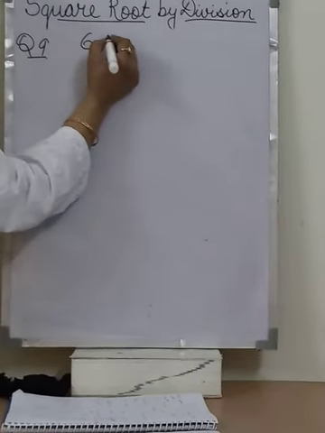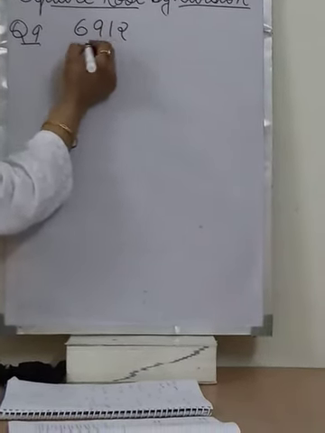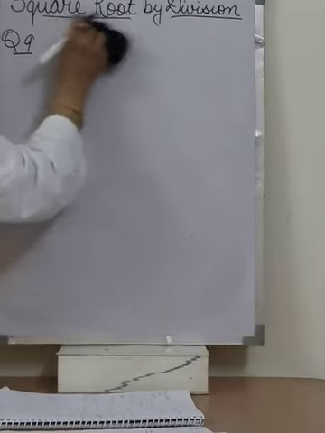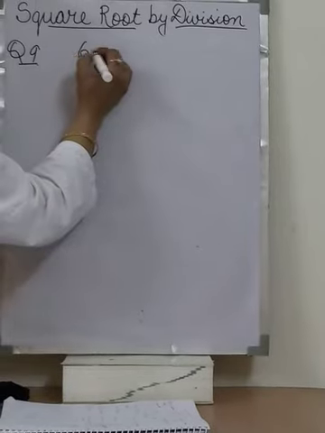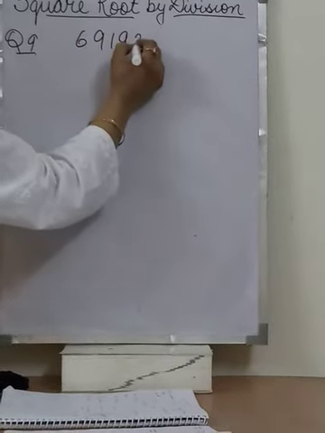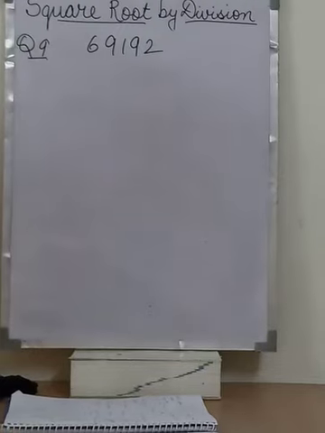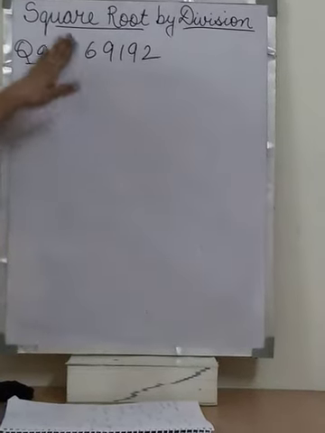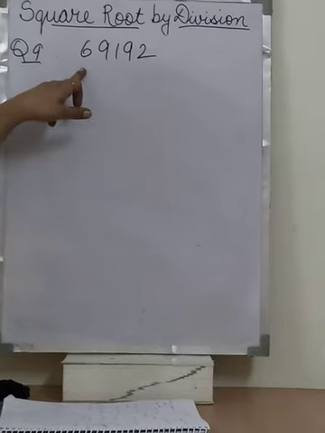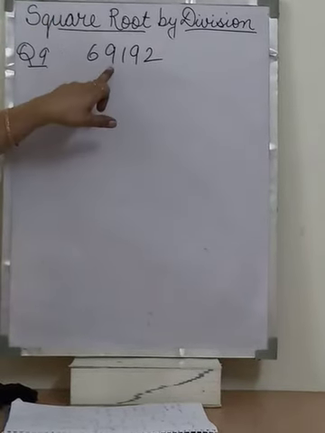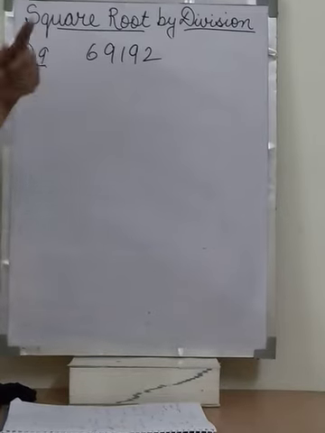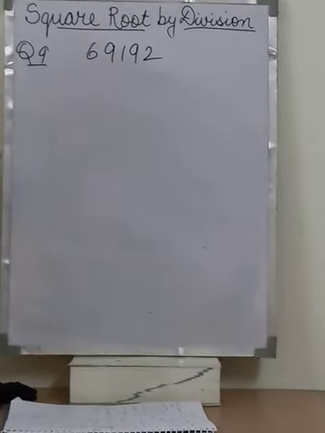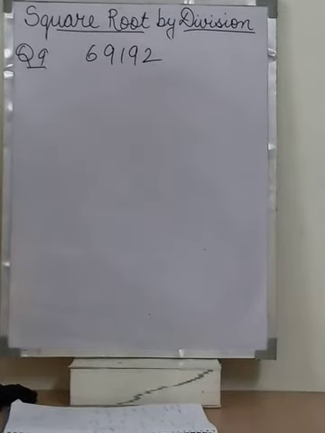We have been given 69192. They are saying what number must be decreased, what number must be increased, what number must be multiplied, what number must be divided to make it a perfect square. So this is very sure it's not a perfect square. We have to make it a perfect square by adding, by subtracting, by multiplication and by division.